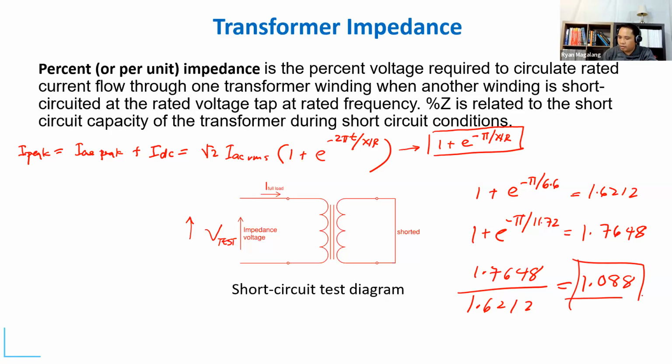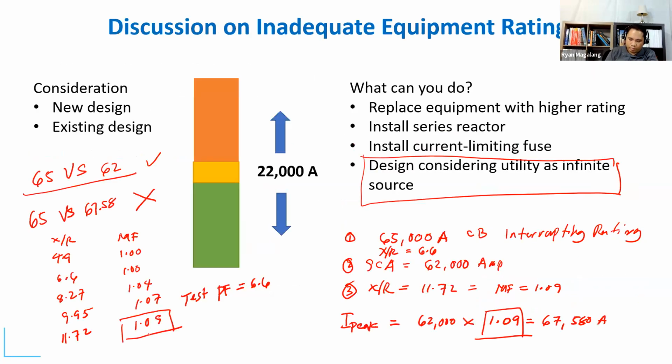That's your 1.09. Try to do that for all of these remaining terms, and you'll find that it corresponds to that multiplying factor. That's where it came from.